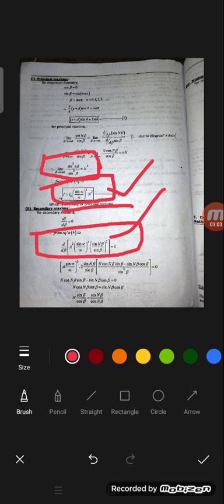After differentiation we get A of (sine alpha by alpha) whole square, then 2 sine N beta by sine beta into (N cos N beta sine beta minus sine N beta cos beta) by sine square beta. We have already seen this formula in previous classes, that is cos A sine B minus sine A cos B.